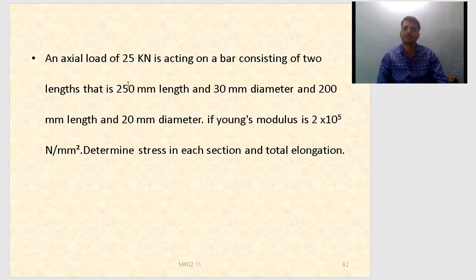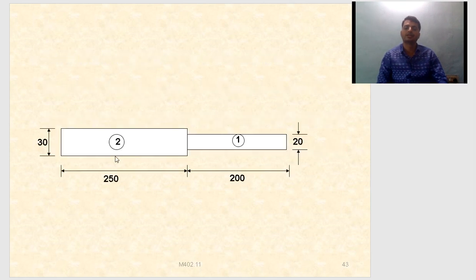An axial load of 25 kilonewtons acts on a bar consisting of two lengths, 250 mm and 330 mm, with different diameters. Determine Young's modulus and the stress. See, this is an example. The length is 250 mm for the two rods.